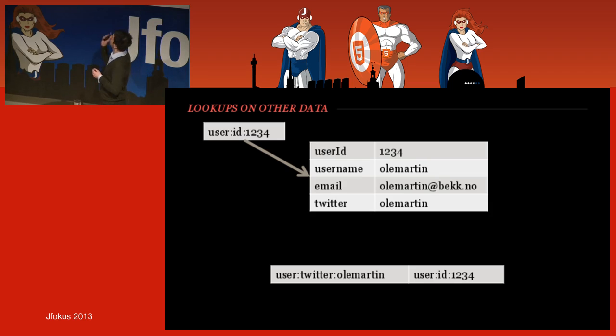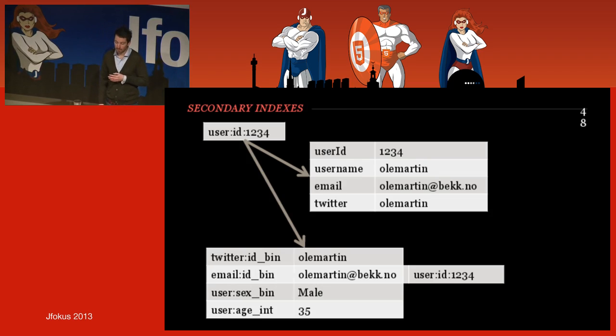If you look at this example from earlier, we had to use 2 lookups in order to get the data. By using secondary indexes in Riak, you have one place where you add the metadata, and you can retrieve the data based on all these keys.